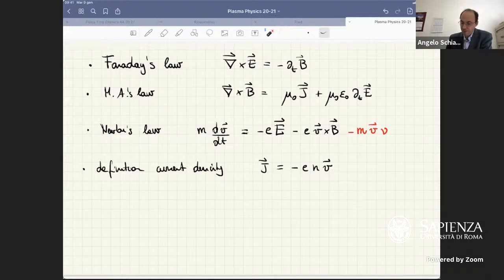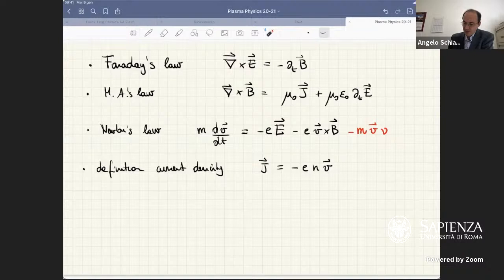A final comment before proceeding is that in Newton's law, if you remember, when we derived the electric resistivity, we didn't take into account this term, which we are going to neglect today as well. But we introduce a friction. So it's a competing phenomenon with respect to the acceleration by the electric field.